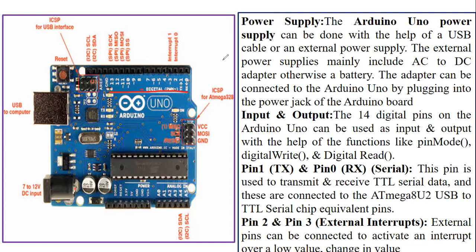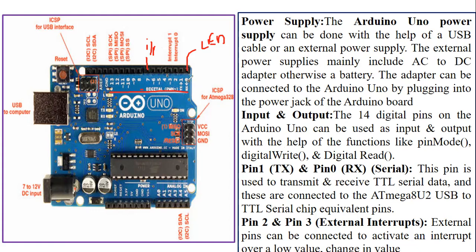So you can give input to this, or you can connect any LED or motor. You can give input or take output through this digital input output pin. And you can use different functions to use this pin, like pinMode, digitalWrite, digitalRead. These are the different functions.